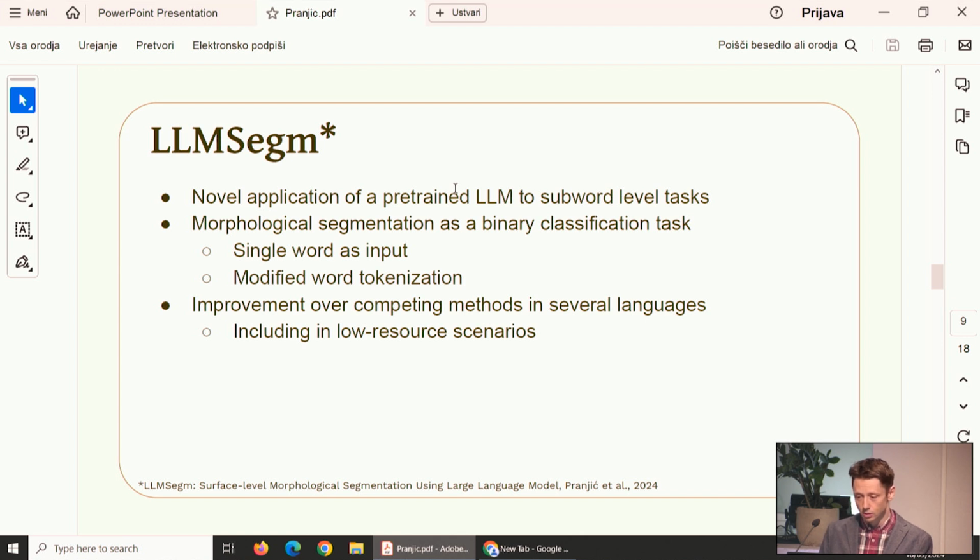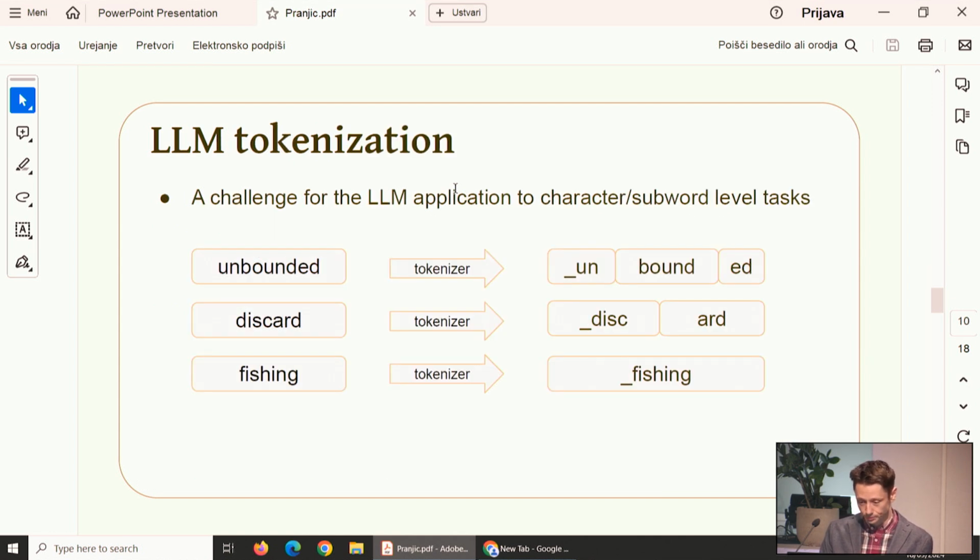So this approach is a novel application of pre-trained language models to a sub-word level task. We take a word, we try to introduce a boundary in each part of the word, and then guess if this is a correct place to place a morpheme boundary or not. And we show improvement over competing methods in several languages, including in low resource scenarios.